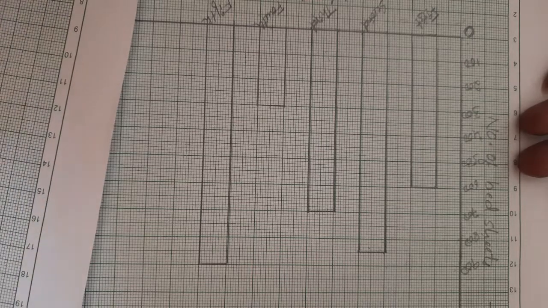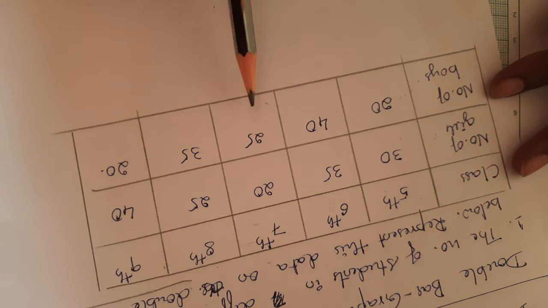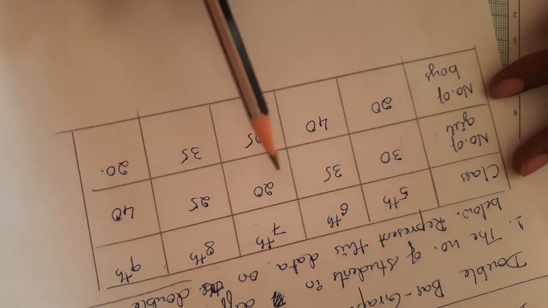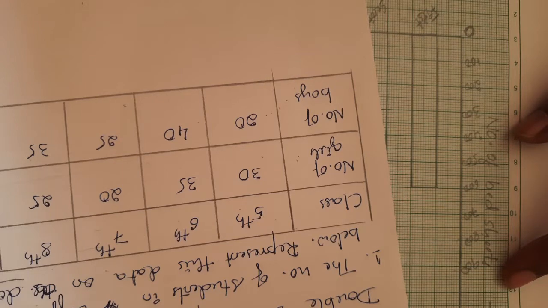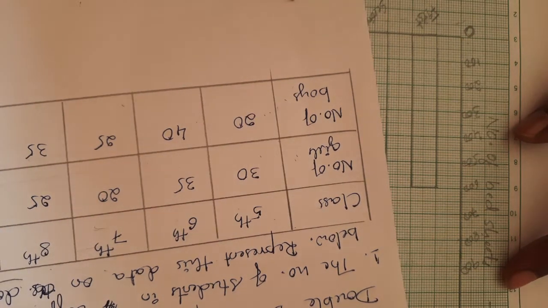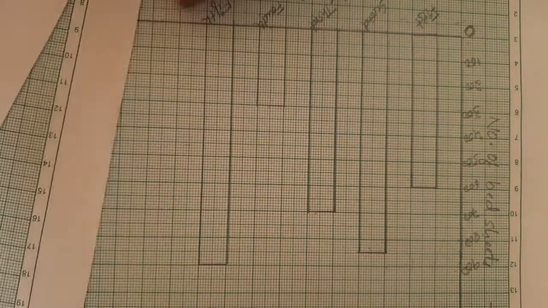In this question, what is changing? Yes, the number of students is changing, isn't it? So the changing things should be considered in the y-axis. In the x-axis we are going to take the classes, then number of boys and number of girls. I'll tell you how to do it.